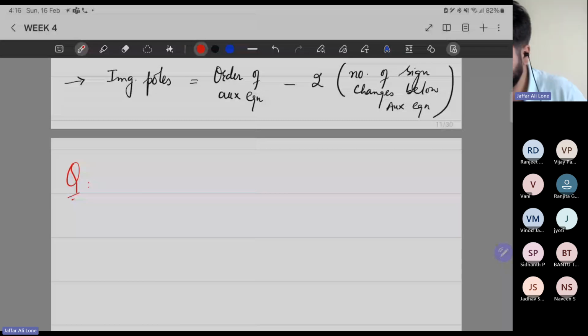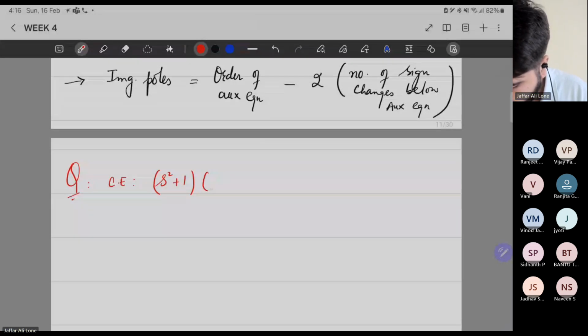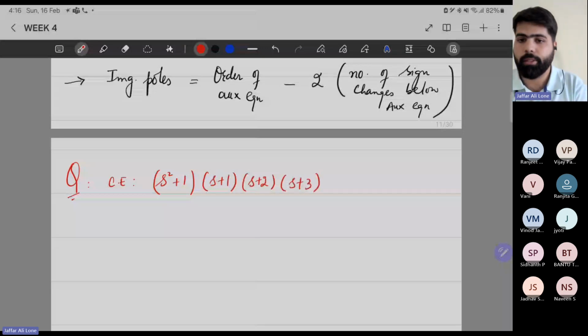Let's take a question. The question is, we have a characteristic equation (s square plus 1)(s plus 1)(s plus 2)(s plus 3). This is the characteristic equation that's given. Now, this is a fifth order characteristic equation.